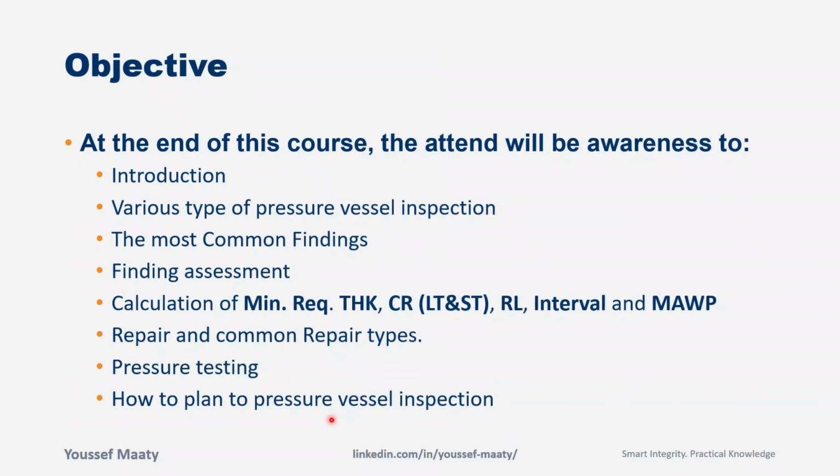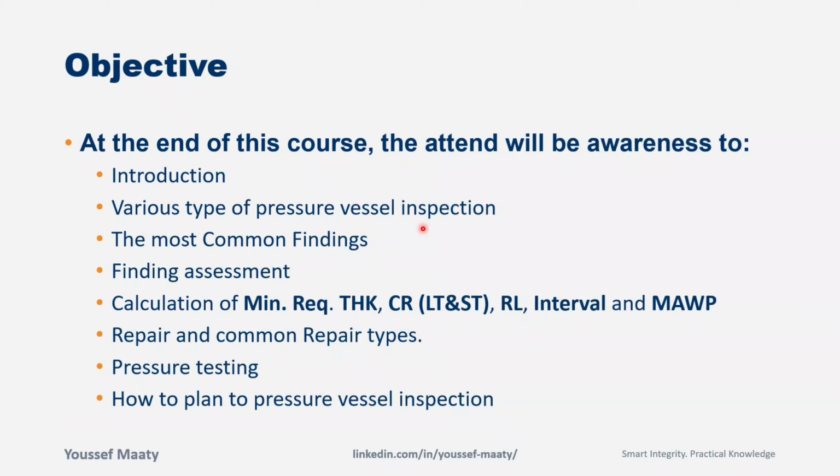If you follow this playlist until the end, you will gain a solid amount of knowledge and practical understanding. First, we will introduce pressure vessels, what they are, their types, and their main components. Then we will discuss the different inspection types performed on pressure vessels. We will cover the 4 main inspection methods, including external inspection, internal inspection, on-stream inspection, and thickness measurement.